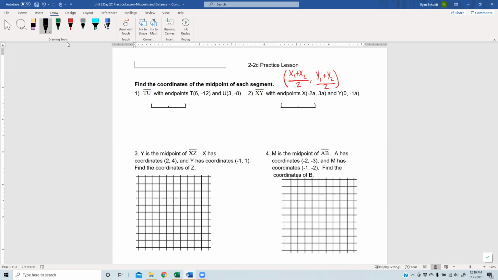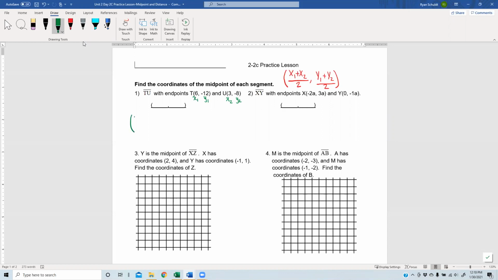It asks us to find the midpoint of TU, where T has endpoints 6 and -12. So I'm going to go and label that x1, y1. And U has the endpoints 3, -8. I'm going to call that one x2, y2. Now, I just have to take these and plug into this formula up here.